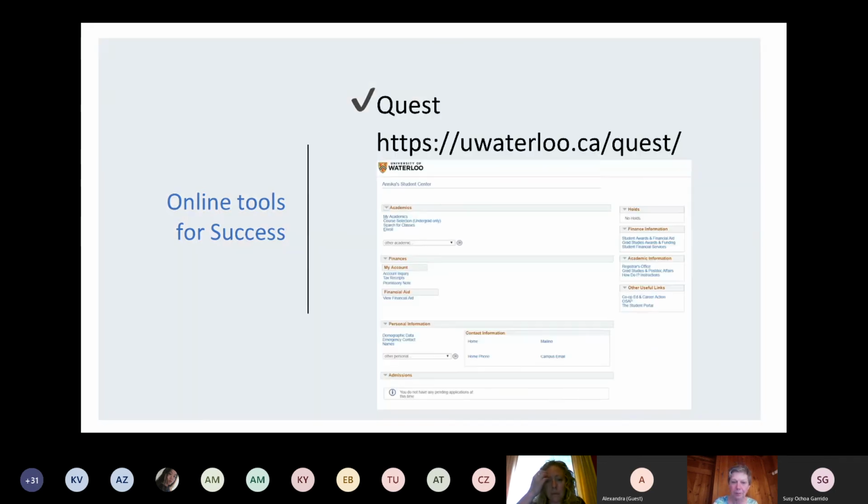Next slide, please. Now, Quest. Quest is where your records are kept, your grades are kept, where you can record your email, where you can change and add courses. Is there anything else I should say about Quest, Sue, that I don't know?